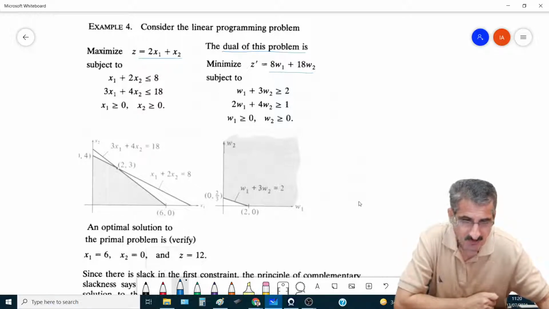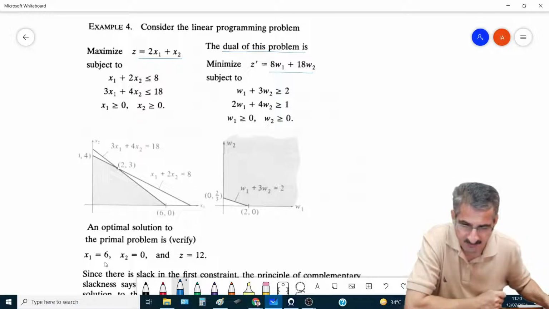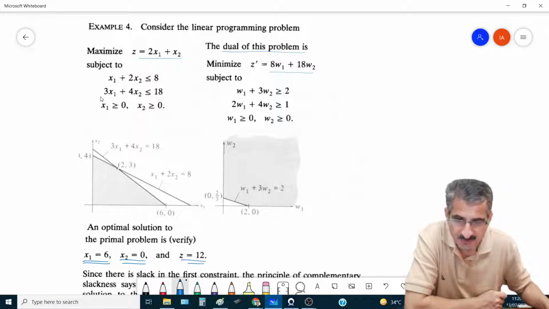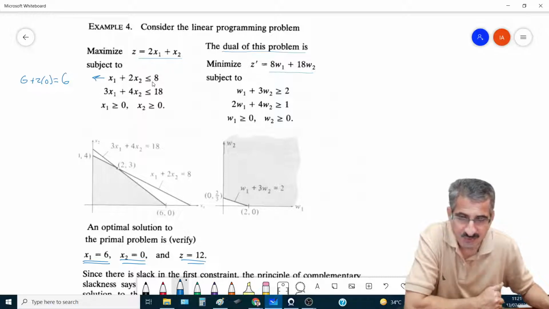Okay, now an optimal solution to this problem is x1 is 6, x2 is 0, and z is 12. Now look in here, x1 is 6 and x2 is 0, and then this gets 6. So there is a slack variable.